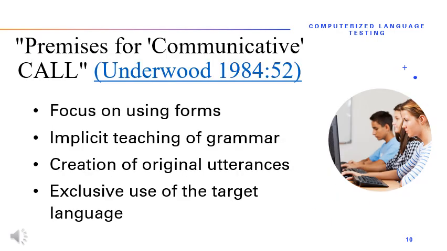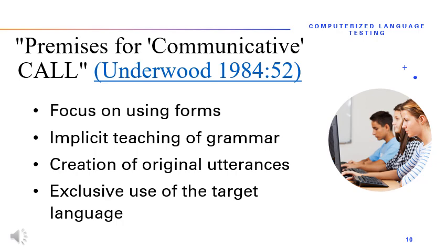As one of the main advocates of communicative CALL, John Underwood in 1984 released a series of premises for communicative CALL. According to him, communicative CALL does the following: first, it focuses more on using forms rather than on the forms themselves. Second, it teaches grammar implicitly rather than explicitly.